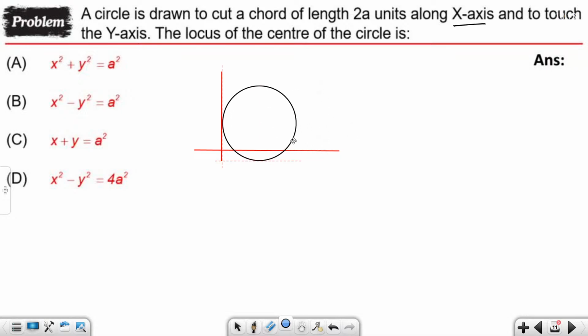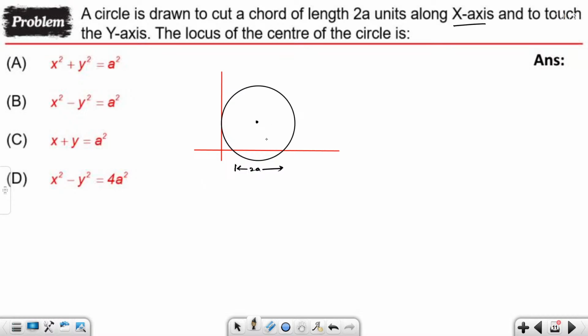That is, your circle will look something like this. Is it clear? Now you have to find out the locus of its center. This length is 2a. Okay?